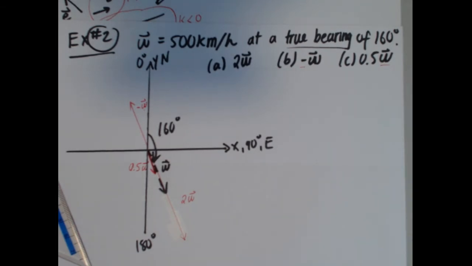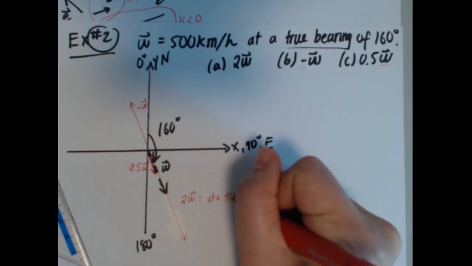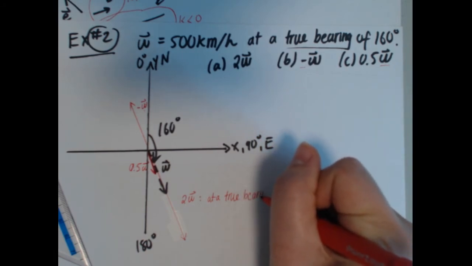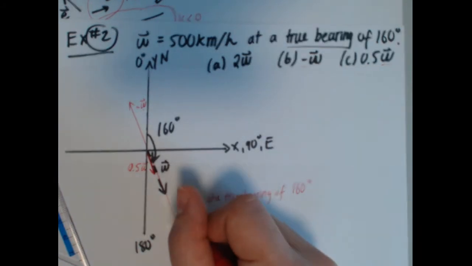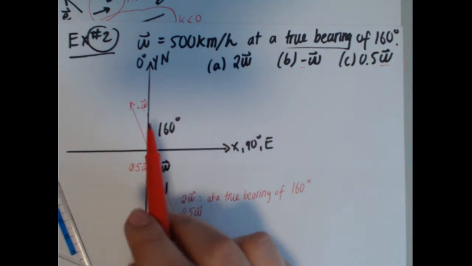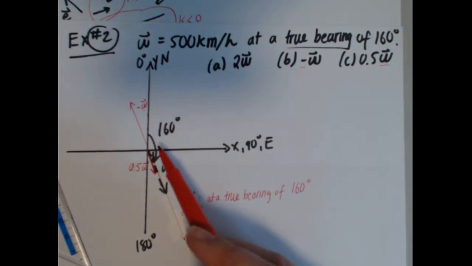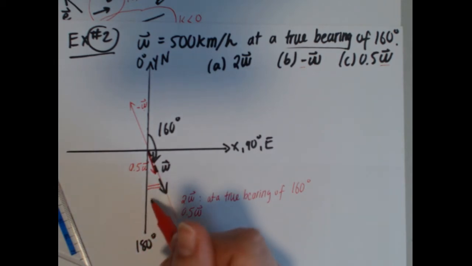Now, with regard to the direction, originally W was at a true bearing of 160 degrees. So 2W would also be at a true bearing of 160 degrees. 0.5W would also be at a true bearing of 160 degrees. Now, minus W, let's see that. If this whole thing is 160 degrees, this angle in here is going to be 180 minus 160, that's 20 degrees.